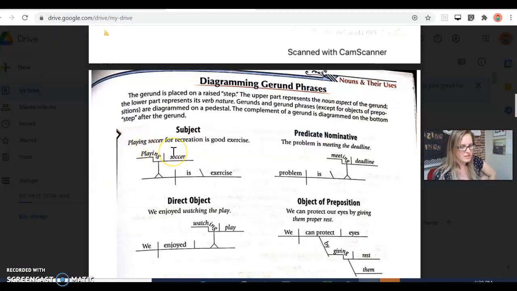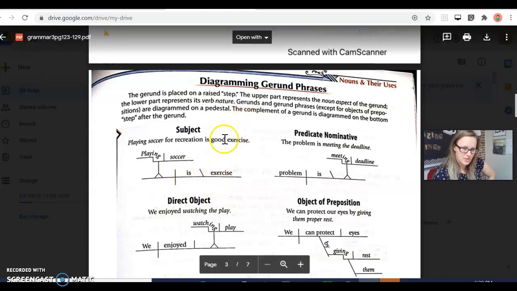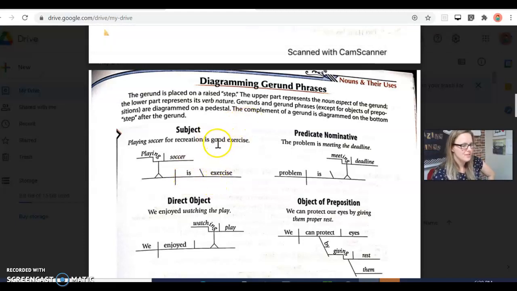Playing what? Soccer. That whole thing is an action that you're doing, playing soccer, but it's also telling you it's a subject. Playing soccer, the true verb is the word is what? Exercise. We're not going to do these little one-word modifiers. If it was an adjective, it would go under here, but we're keeping it simple. Learn one step at a time.